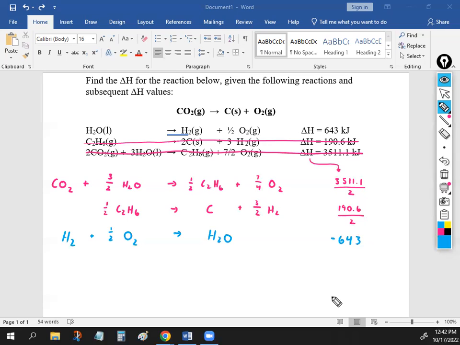All right, so we're not done with equation 1 yet because if you look on this side, we have 1.5 moles of water, but we only have 1 mole right here. So what we're going to have to do is multiply this entire equation by 3/2. So 3/2 times 1/2 will be 3/4.